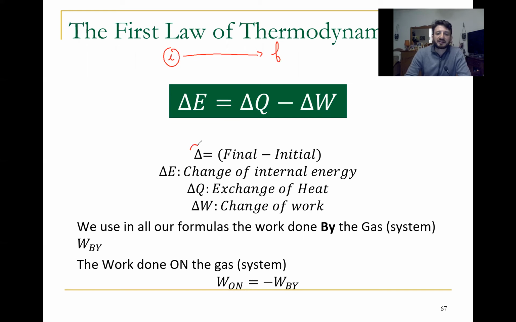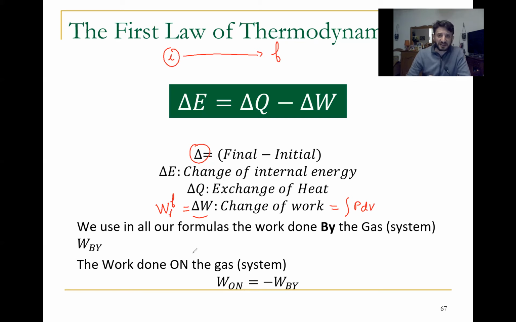Okay, here delta equals the final state minus the initial state. Delta E is the change of internal energy, delta Q the exchange of heat, d omega the change of work. You know here d omega equals the integral of P dV. Okay, you can say d omega, or you can say directly omega between the initial state and the final state.